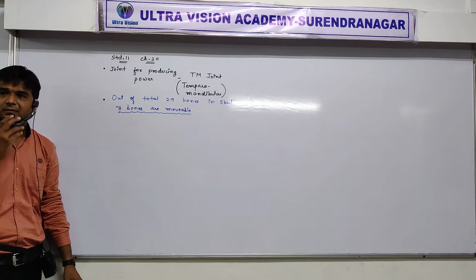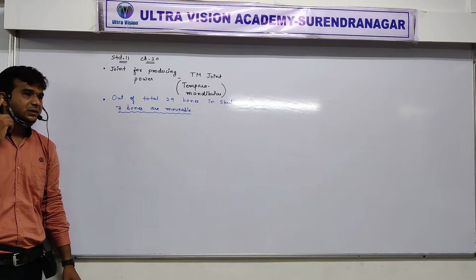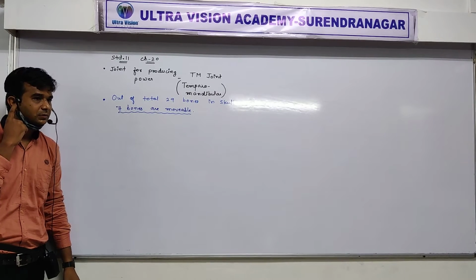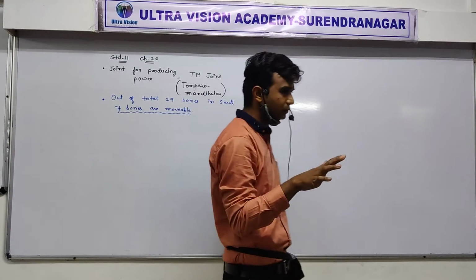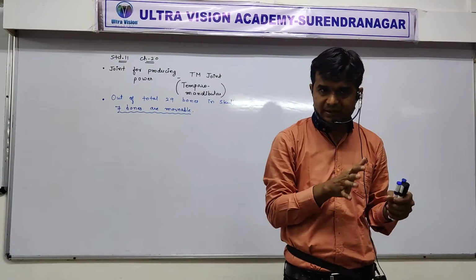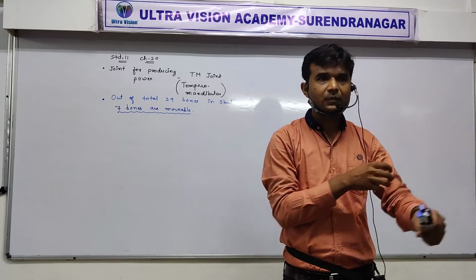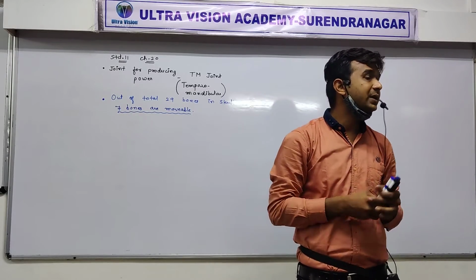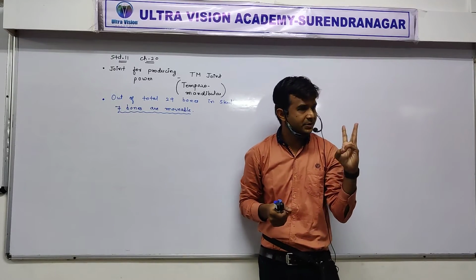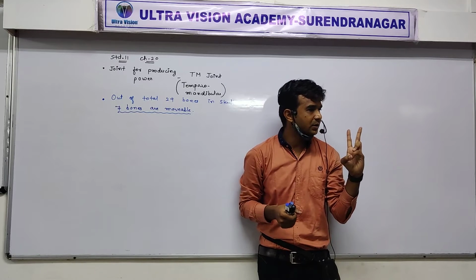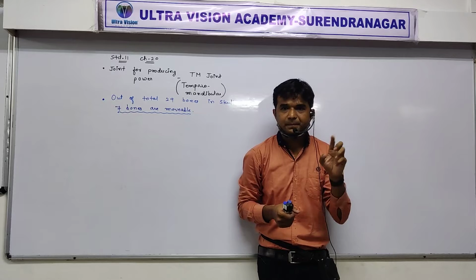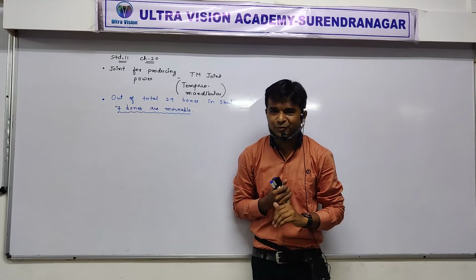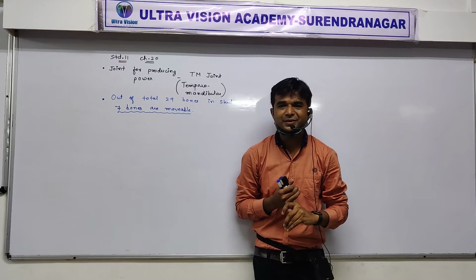Which are these? 6 ear bones. Actually we have not studied the ear yet. Have you studied the basics? The ear is divided into 3 parts: external ear, middle ear and internal ear. The middle ear consists of these 3 bones: malleus, incus and stapes.